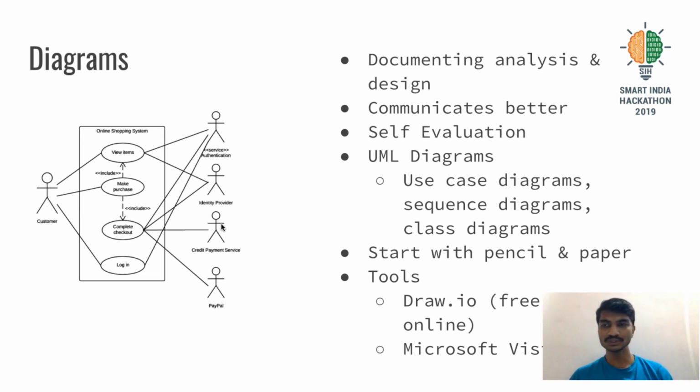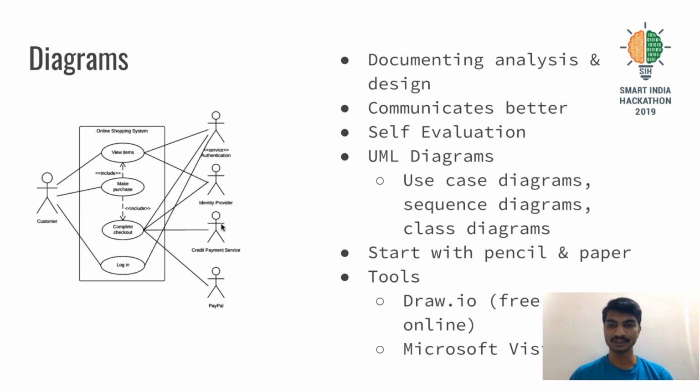And to do these diagrams, it is not necessary to go with bigger tools or anything like that. Just starting with pen, pencil and paper is more effective than other tools, because it's very rough.